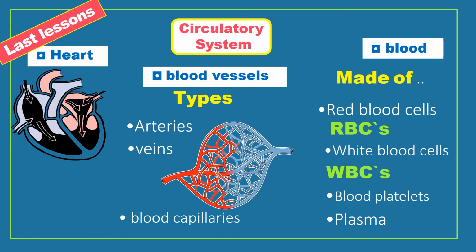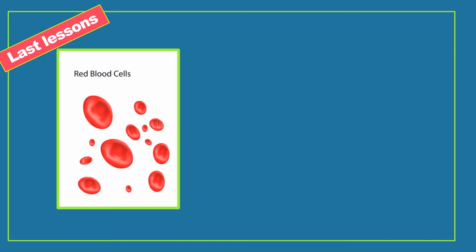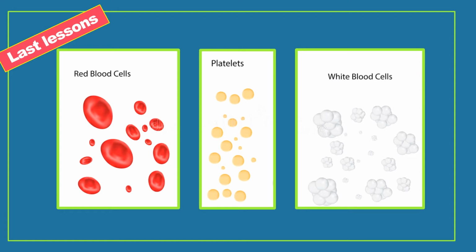They are the components of blood. Here are some pictures for blood components, which are red blood cells, platelets, and white blood cells.